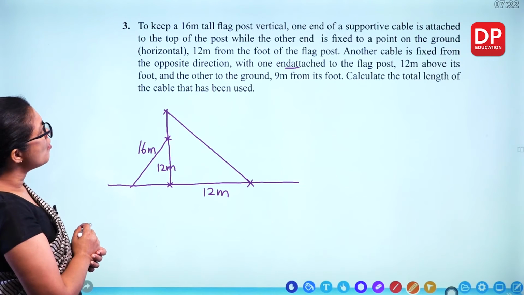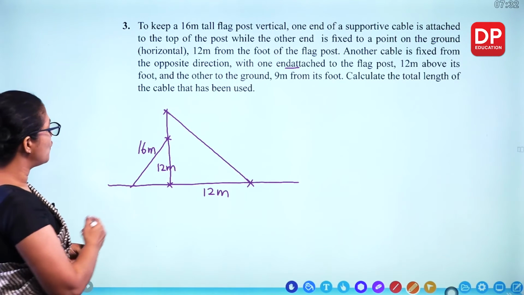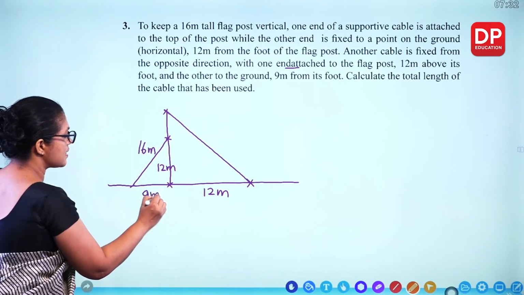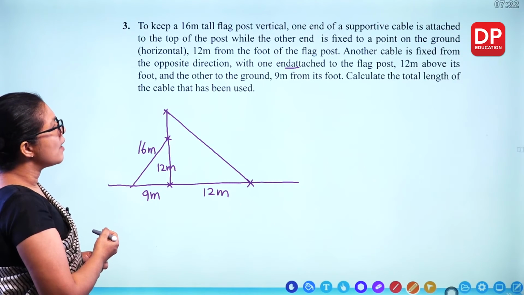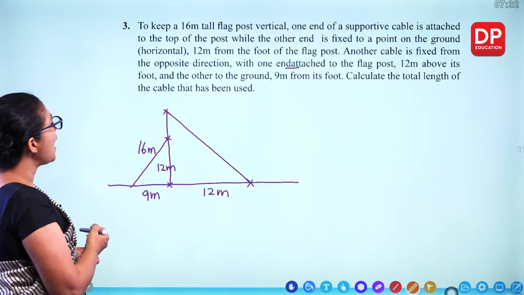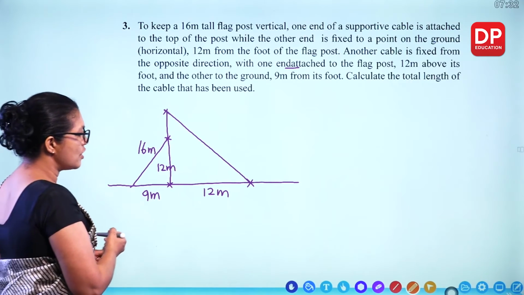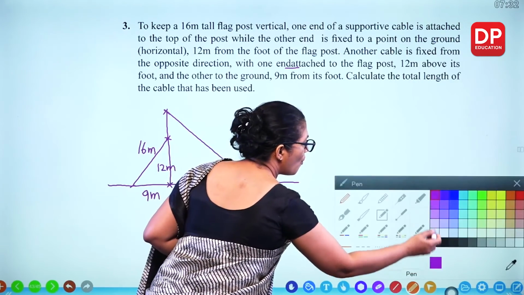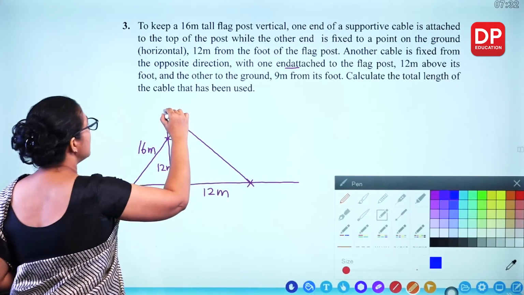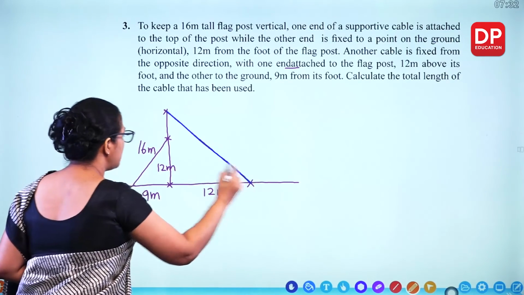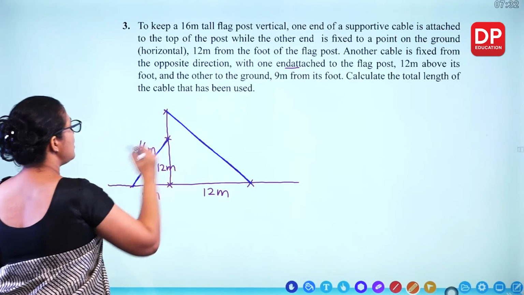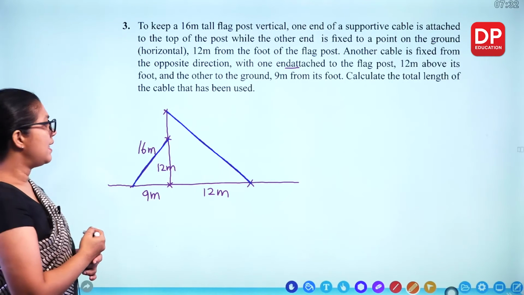Other to the ground 9 meters from its foot. So this is 9 meters. Calculate the total length of the cable that has been used. So where's the cable? This is one cable and this is the other cable. So you need to find out the total length.